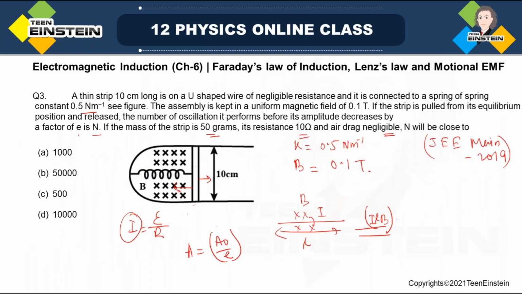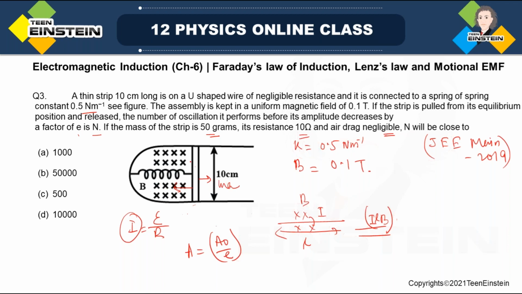What were the main points? There is oscillation, so you have to relate this problem with simple harmonic oscillation somehow. And there is the induction part here. Since there is a self-induced EMF, that will create a current through this, and this current-carrying wire in a magnetic field will experience a force, that is BIL, which will be in this direction if it is moving this way.